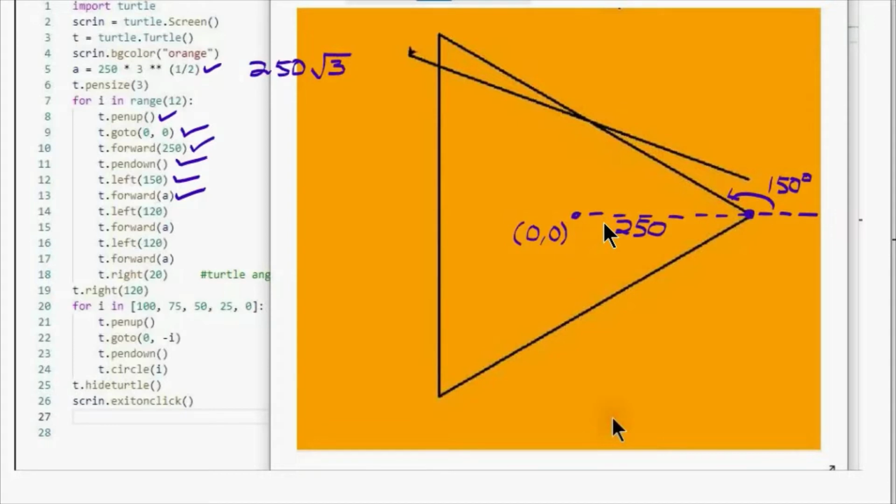Now, why is the length of the side of the triangle like this one here? Note that this triangle that I made is equilateral, this side here, this side here, and the third side here.